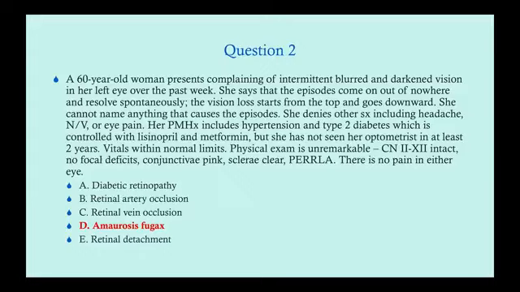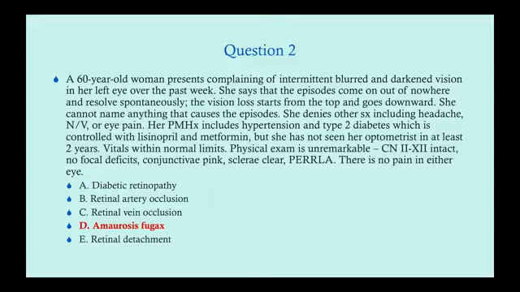So amaurosis fugax is really just, and I don't know if this is the best way to think about it, but to me it helps and it's sufficient, angina of the eye. What's happening with amaurosis fugax is that you have a slight blockage of blood going to your eye, and so your eye becomes somewhat ischemic.